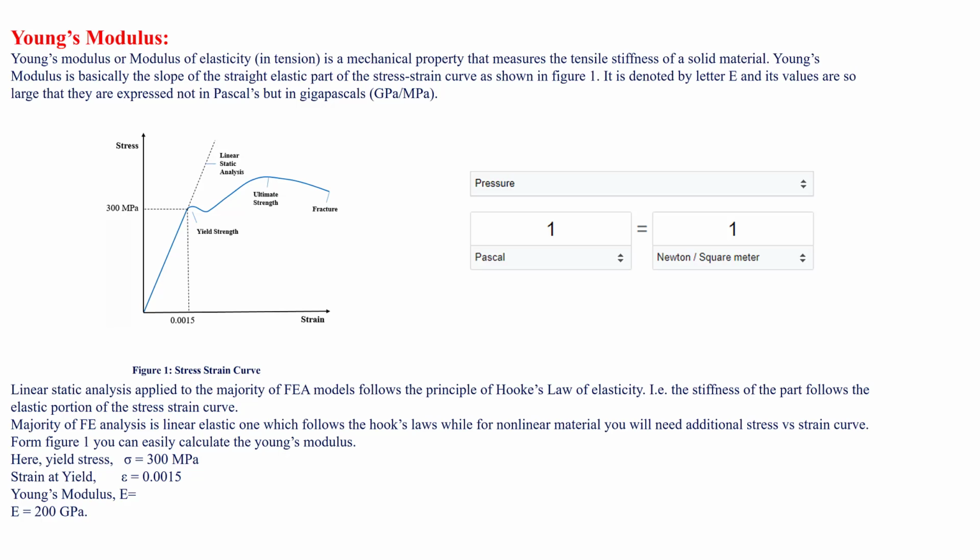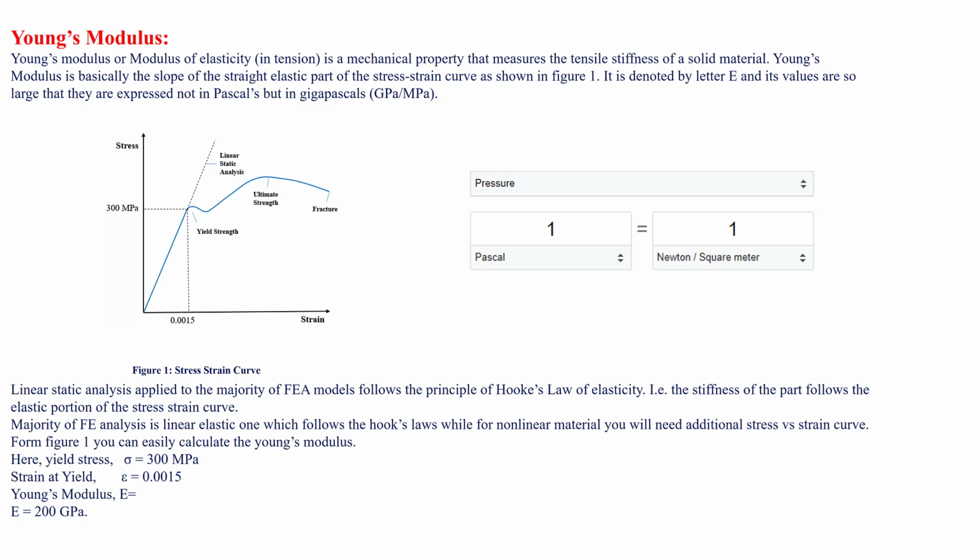We measure it in Pascals. 1 Pascal is equal to 1 Newton per meter square. 1 megapascal is equal to 10 to the 6 Newton per meter square. In linear static analysis, FEA follows Hooke's law, so it is under the elastic limit.